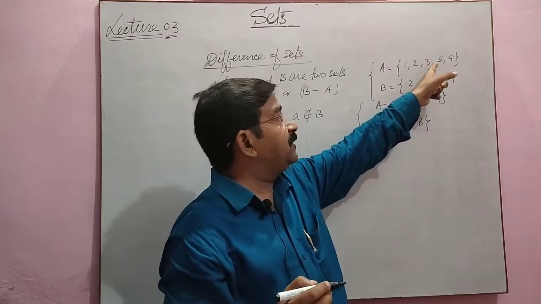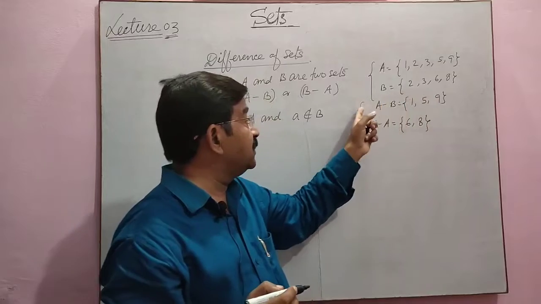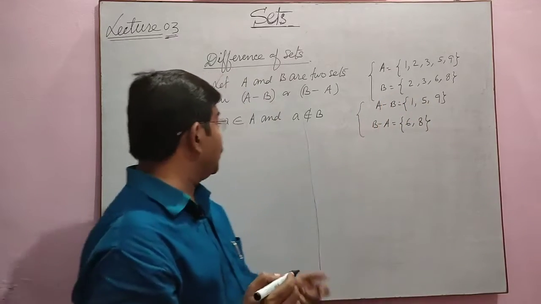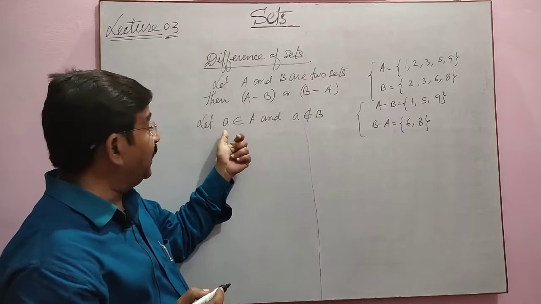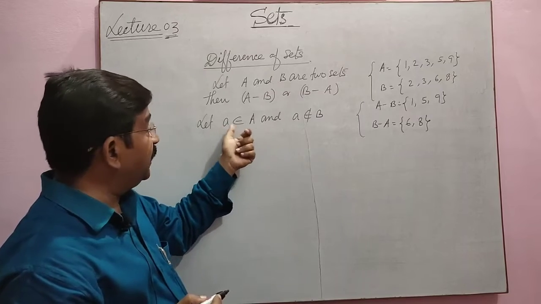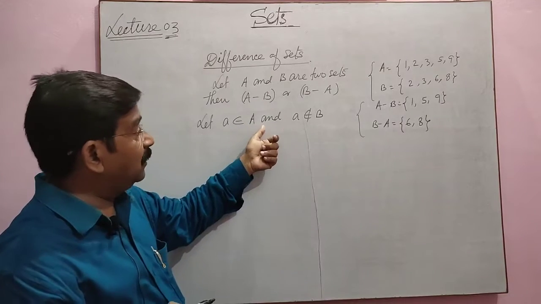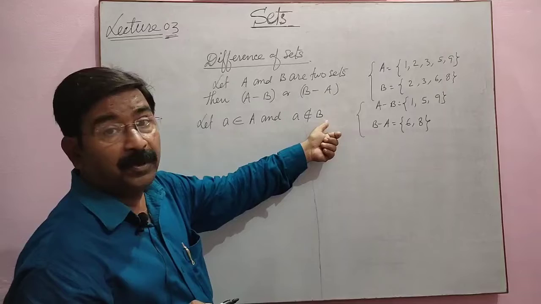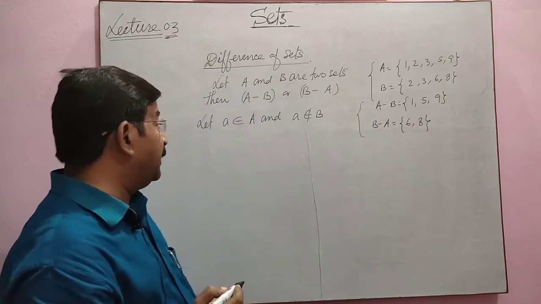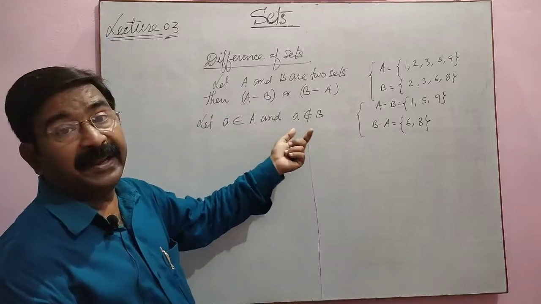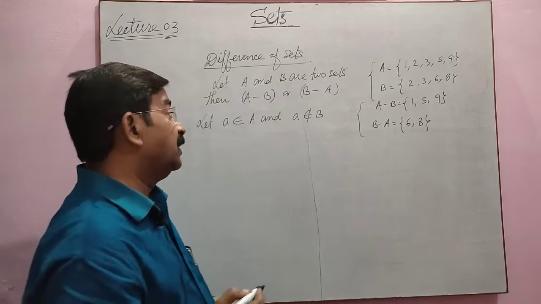Elements of A which are not found in B, this is A minus B. So a is any element of A, a belongs to A and a does not belong to B. It means this shows A minus B.